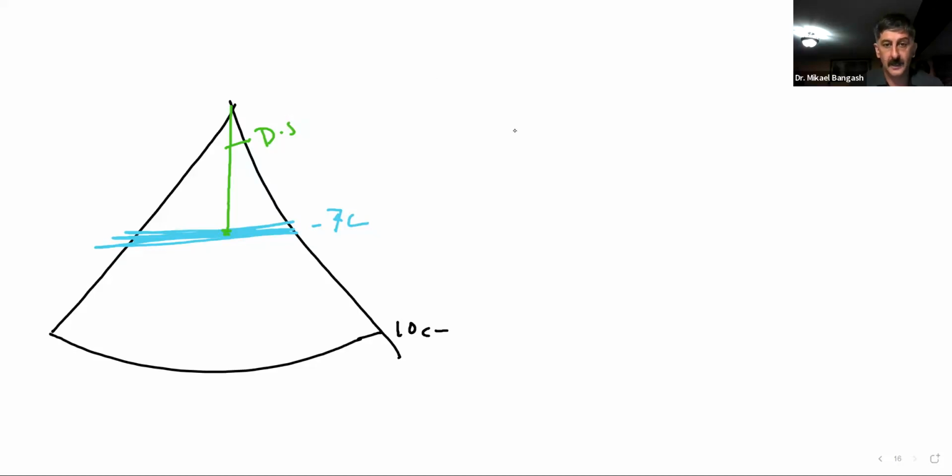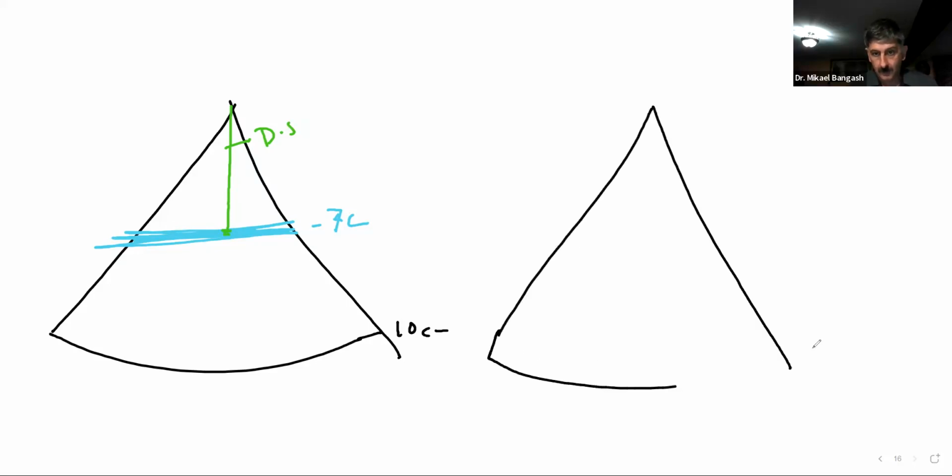Now you can still have your image view at the same 10 centimeters. But if you scan the very same blood vessel at a shallower depth, it will be here, 3 centimeters.